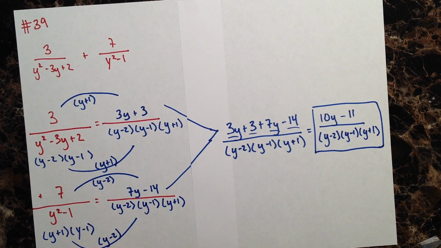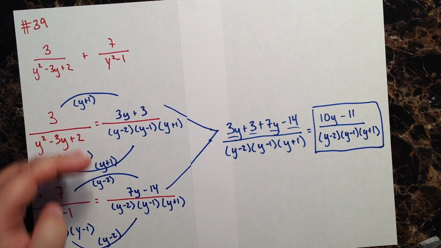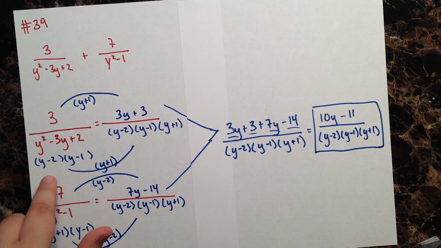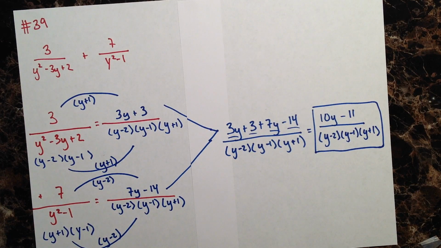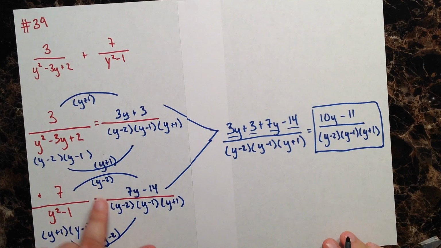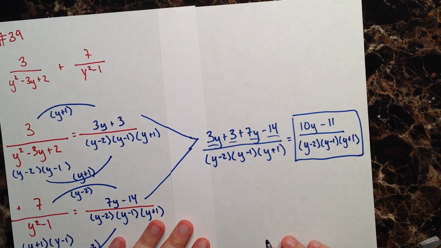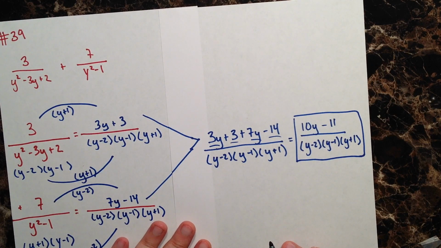And the common denominator, remember, has to have each unique factor from each of our fractions. All right, so in this case, we had a y minus 2, a y minus 1, and a y plus 1. Each of those were unique, and so each of them is included in our common denominator. And whatever we multiplied our denominator by, we had to multiply our numerator by. And once we had that common denominator, we were able to simplify our numerator to get to our lowest term simplified expression. All right, well, this was number 39.